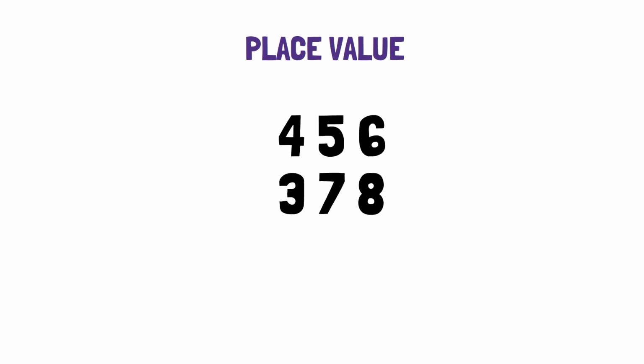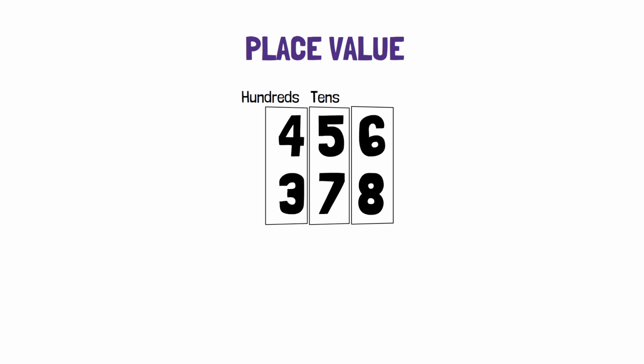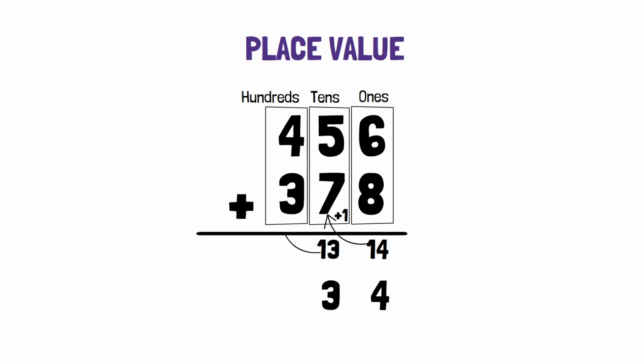For instance, when adding numbers like 456 and 378, understanding that each digit represents a different place value, hundreds, tens, ones, allows students to align and add the numbers correctly, starting from the ones place, carrying over when sums exceed 10, and continuing through the tens and hundreds places. This understanding helps students avoid common mistakes and fosters a more intuitive grasp of how numbers work.